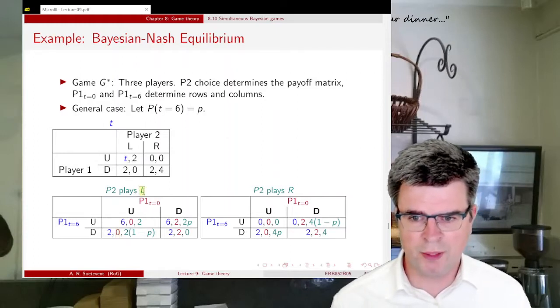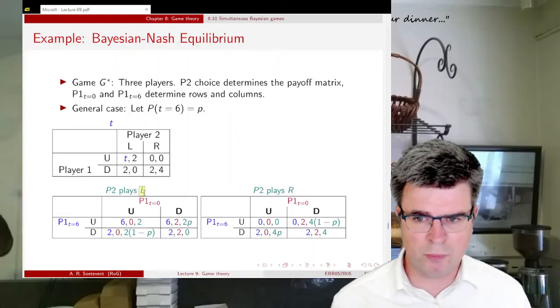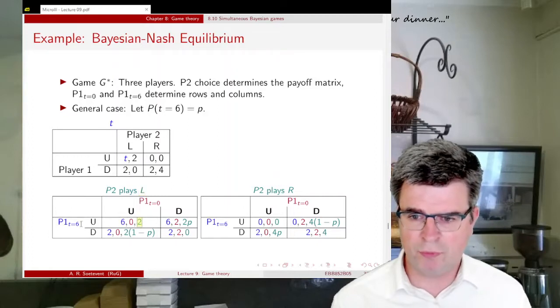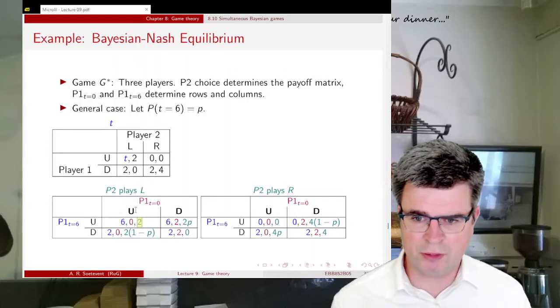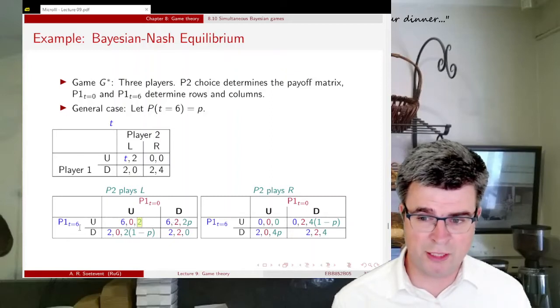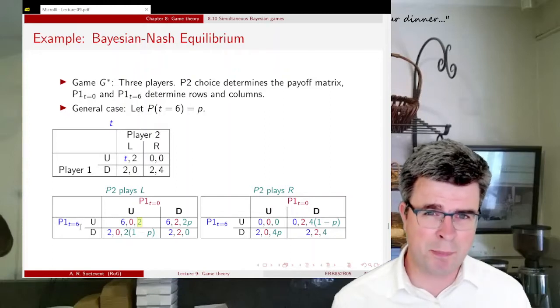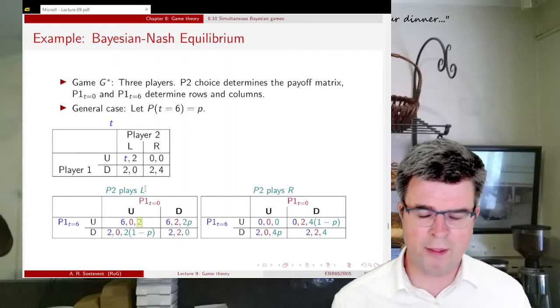And to player 2, if player 2 plays left, then the payoff is equal to 2 if player 1 is of type T is 0 and plays up. And important is what happens here. So if player 1 of type T is 0 plays down, but player 1 of type T is 6 plays up, what is then the expected payoff to player 2 of playing L?